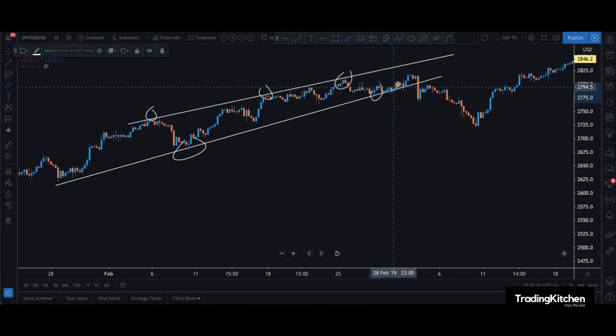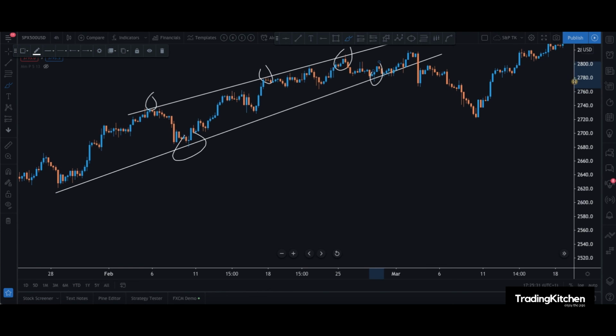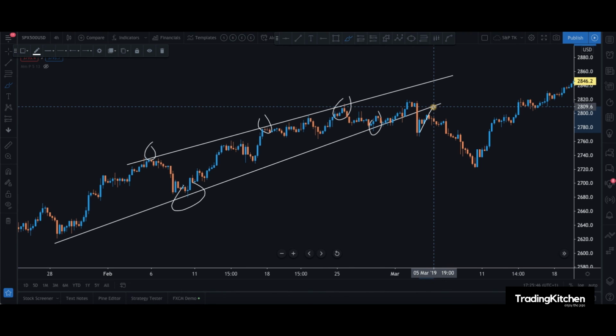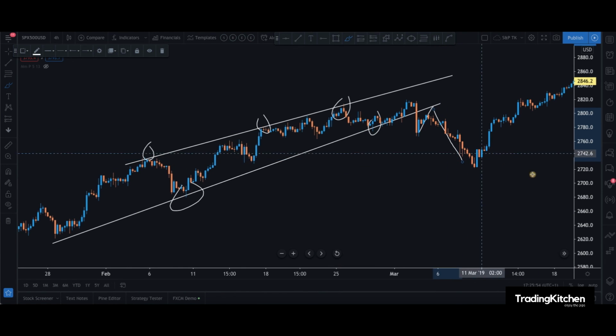And as you can see, price didn't go to the top trend line. So it would be easy to suppose that it will break down. In fact, it will break down. We wait for the retest, which price didn't do, but anyway, price goes down.